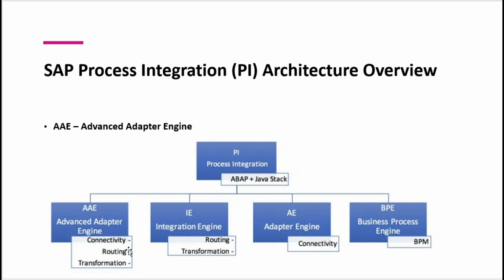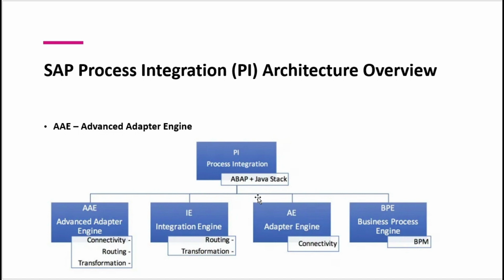The advanced adapter engine handles connectivity, which was segregated into different components in XI. ICO was introduced for design time instead of XI objects. Receiver determination and receiver agreement were also made possible in AAE, without requiring another runtime like the IE. The dual stack is still present here.